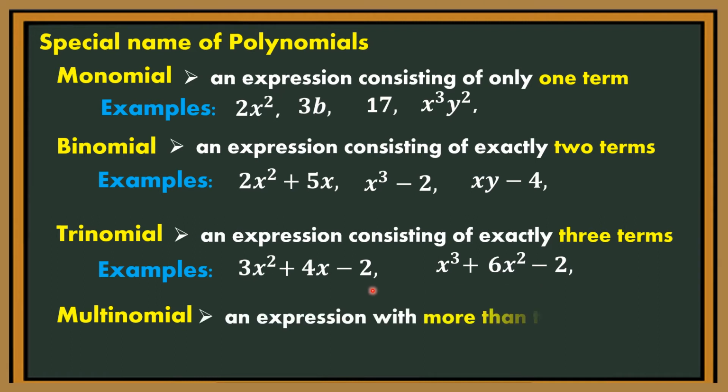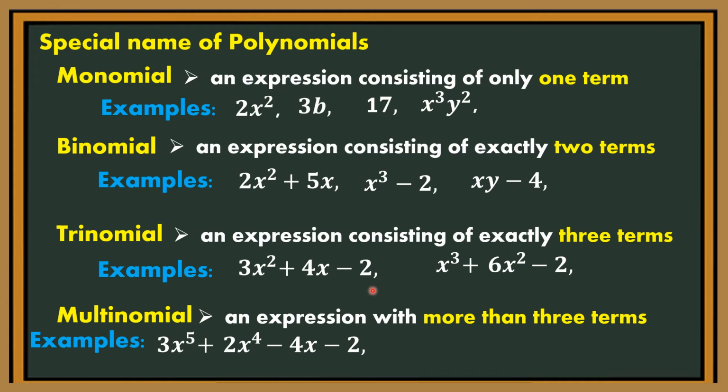Let's go to multinomial. A multinomial is an expression with more than 3 terms. Examples: 3x to the 5th plus 2x to the 4th minus 4x minus 2. Let us count. 1, 2, 3, 4. So it is more than 3 terms.